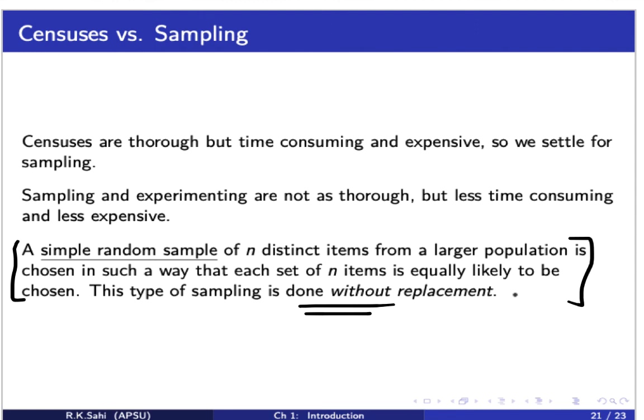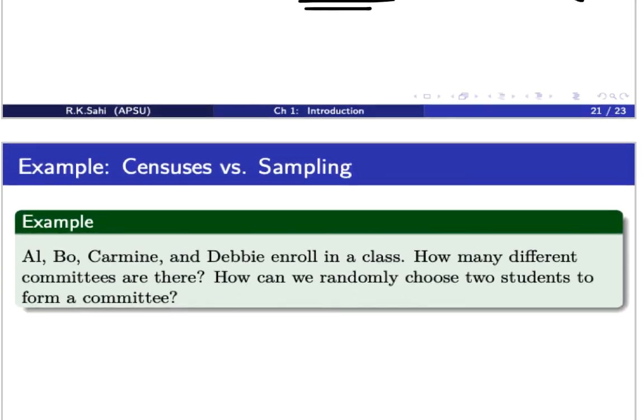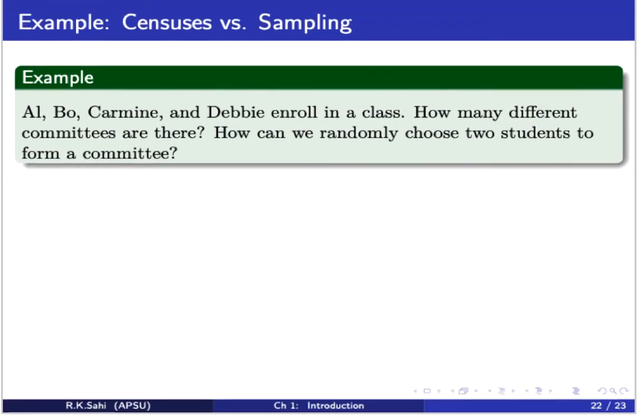Suppose I had a population of 4 people: Al, Bo, Carmine, and Debbie, and they're enrolled in a class, only the students in that class. I would like to say how many different committees can be formed from this group.